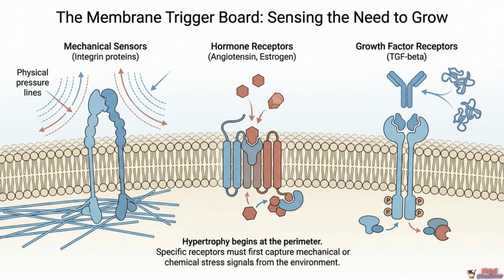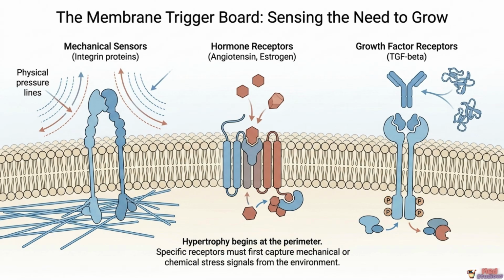The first is mechanical sensors, specifically integrin proteins. Integrins span the cell membrane and physically connect the extracellular matrix outside the cell to the cytoskeleton inside. When the cell is subjected to mechanical stress, pressure, stretch, or shear force, this physical deformation is transmitted through the integrins directly into the cell's interior, where it is converted into biochemical signaling cascades.